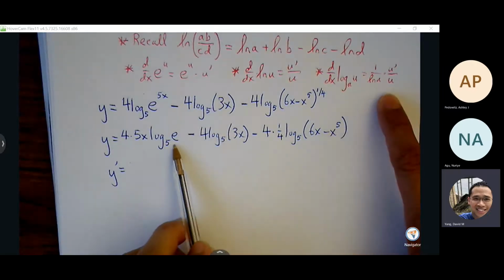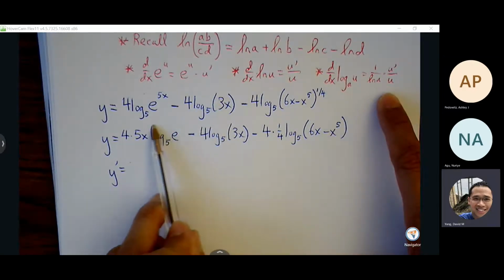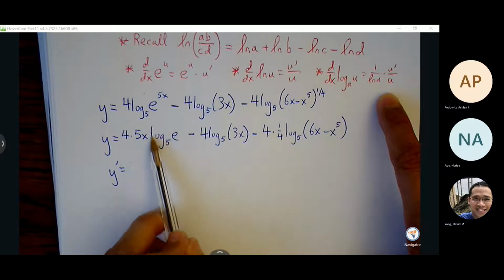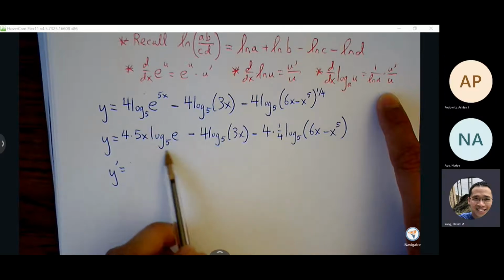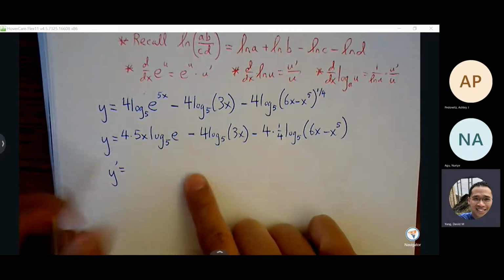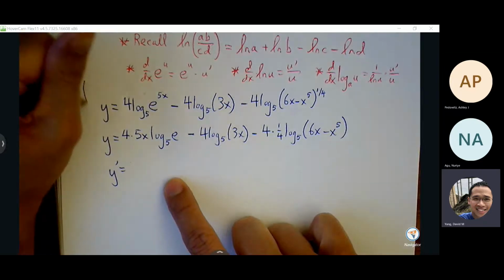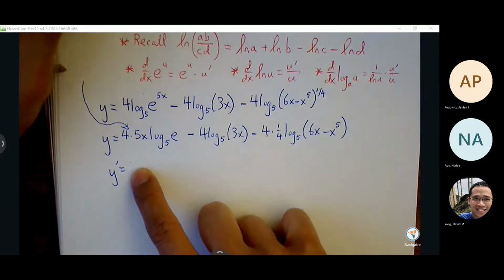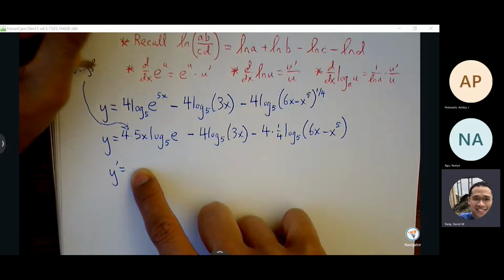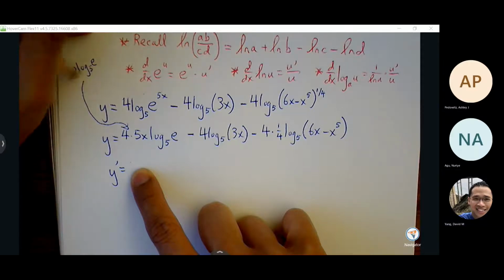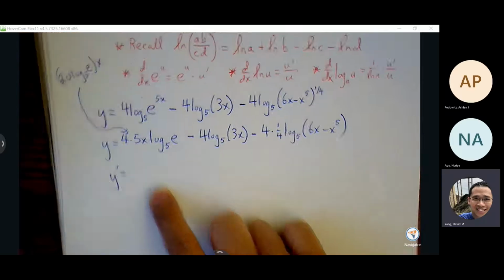Now, log base 5 of e, this is really just a number, right? So imagine writing it this way, that this is really 20 log base 5 of e times x.